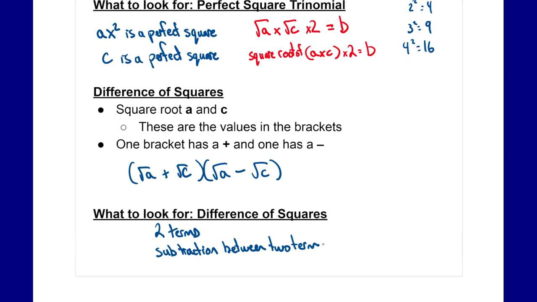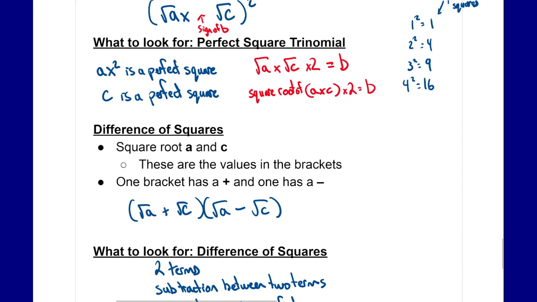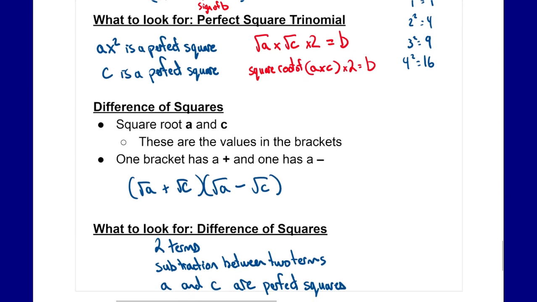So there's two terms, they are subtracted, and the other final thing is that a and c are perfect squares. So again, going back, it's those perfect squares, the 1, 4, 9, 16, 25, and so on.